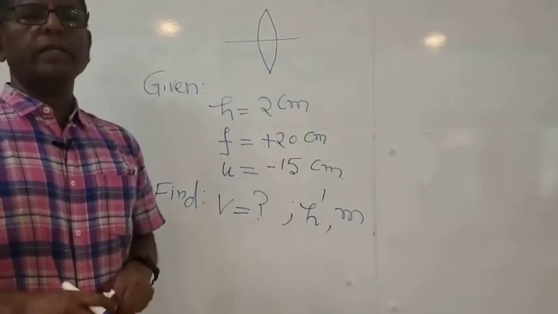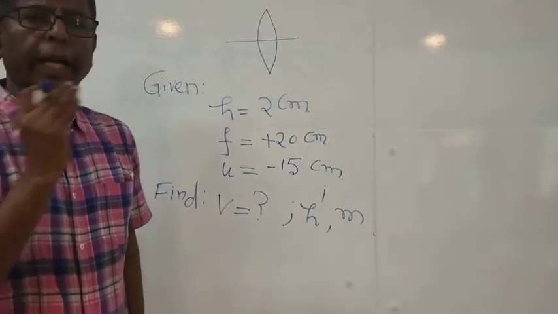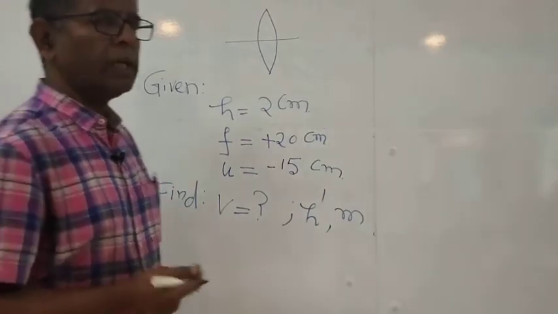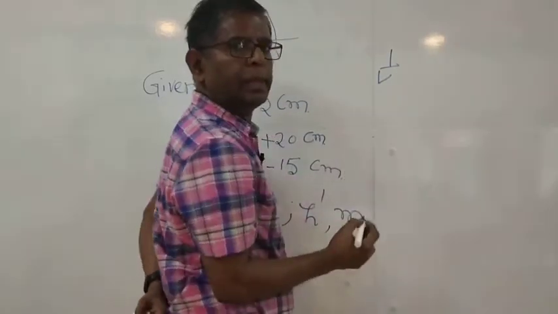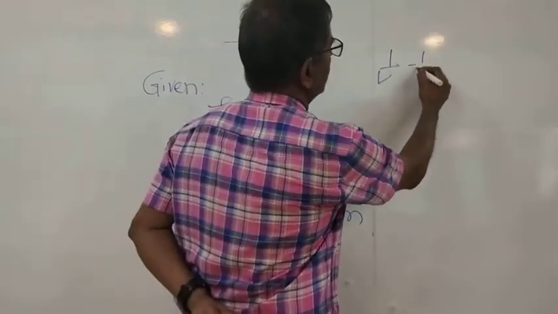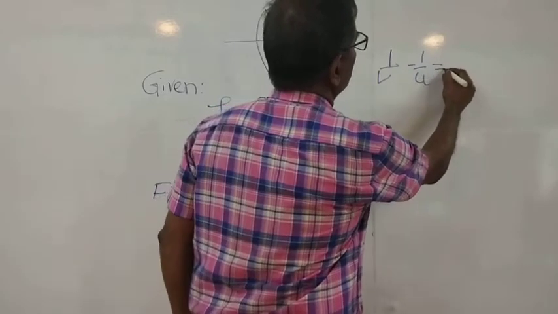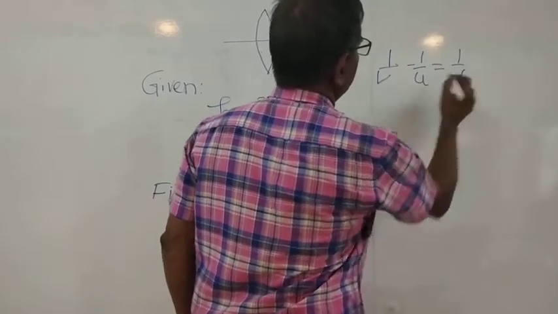So we have to apply the lens formula. What is the lens formula? 1/V minus 1/U is equal to 1/F.